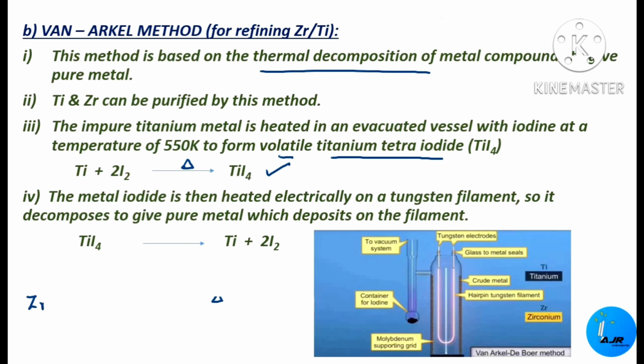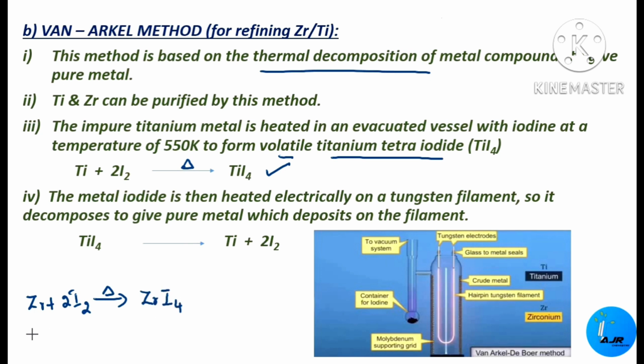So zirconium plus 2I2 on heating to 550 Kelvin gets converted to zirconium tetraiodide.